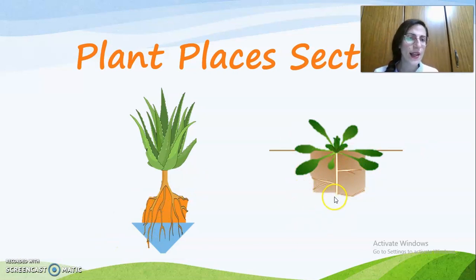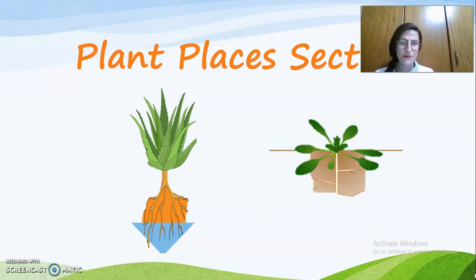And the plants that live in wet areas where they get a lot of water grow short roots. What about the short roots? Why? Because the short roots will grow on the surface of the soil where they could collect the water easily because it is a wet environment where it rains a lot.